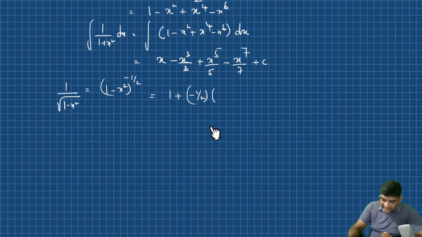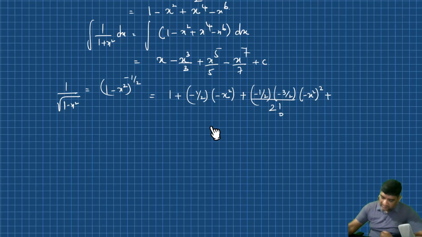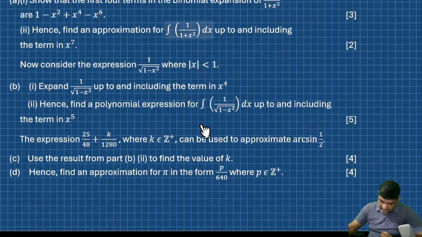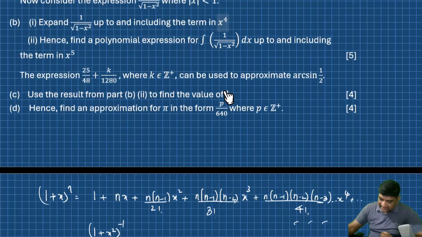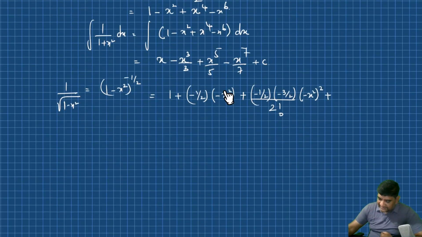X here itself is negative, so I'm going to write it like that, plus minus 1 over 2 multiplied with minus half minus 1 is going to be minus 3 by 2 multiplied with minus x squared whole square, and this is going to be divided by 2 factorial plus, how many terms does he want? Up to x to the power of 4. I think we can stop it here because the next term is going to be x to the power of 6.